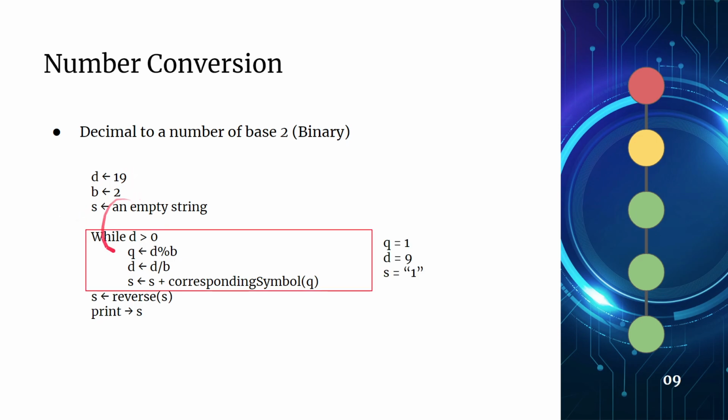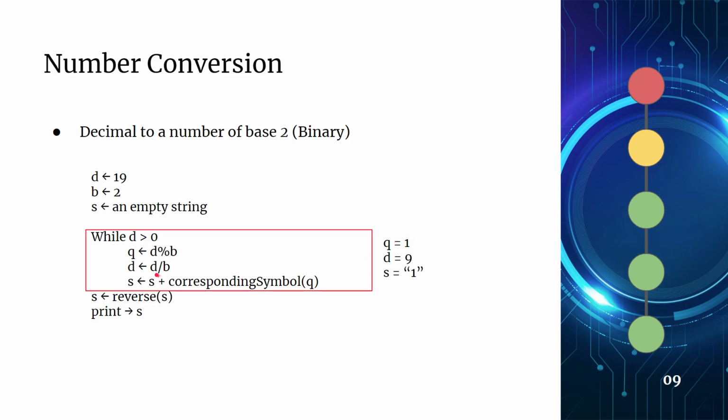Let us get started. At first we will start the loop. Now let's see. d is 19, so d greater than 0 is true. Then we have q, which will keep the value of d mod b. Now we know the modulus operator keeps the remainder. So if we divide 19 by 2, as 19 is an odd number, q will hold the value 1.